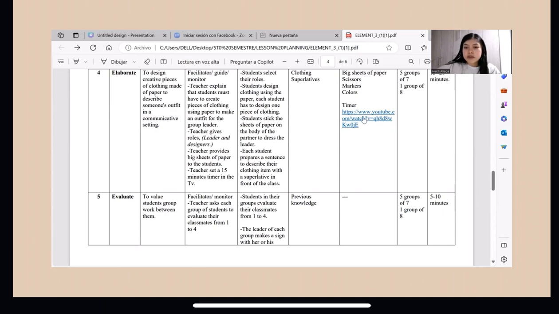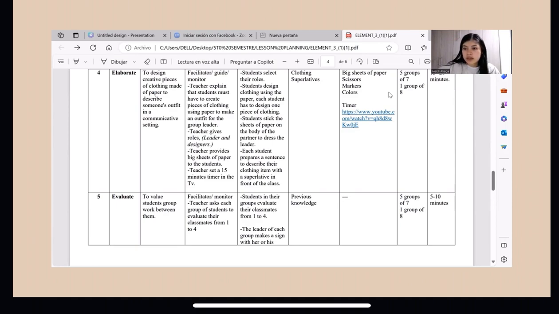So the materials required for this are big sheets of paper that we thought we will give to the students. As we don't know them, we can bring the material. Scissors, usually students have scissors, as it is a group, probably one of the group has scissors.